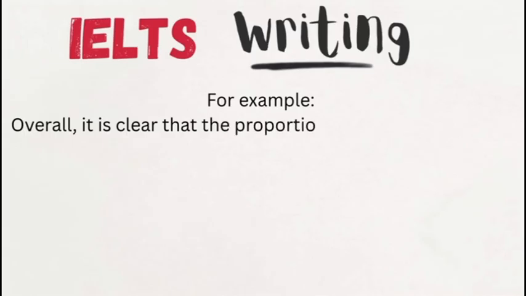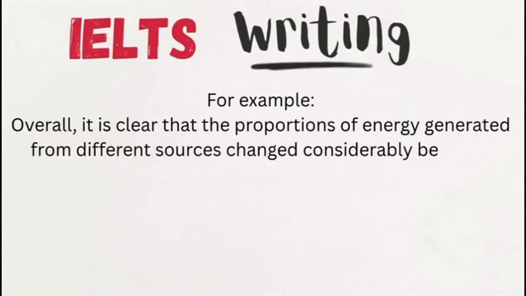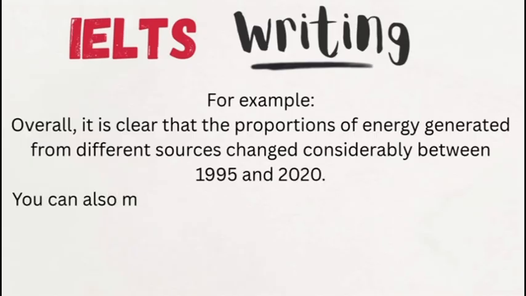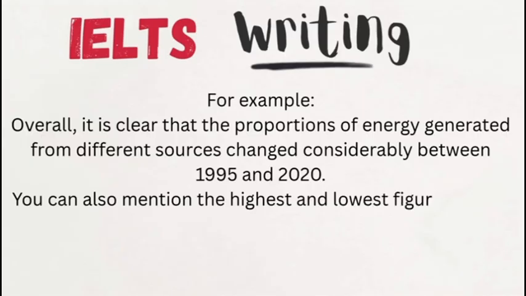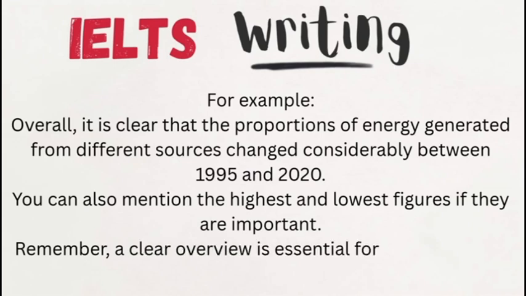For example, overall, it is clear that the proportions of energy generated from different sources changed considerably between 1995 and 2020. You can also mention the highest and lowest figures if they are important. Remember, a clear overview is essential for a strong Task 1 response.